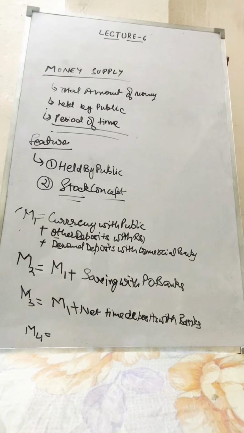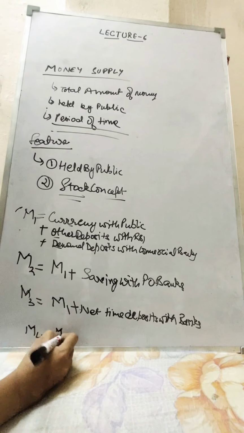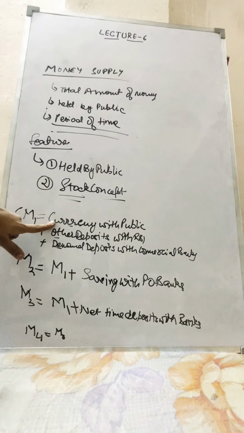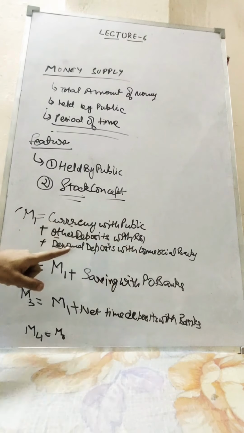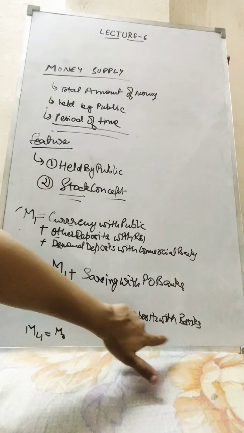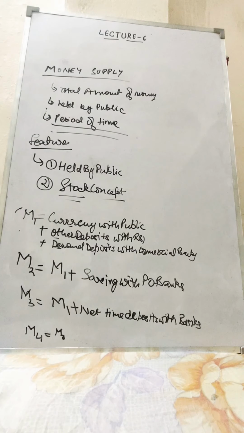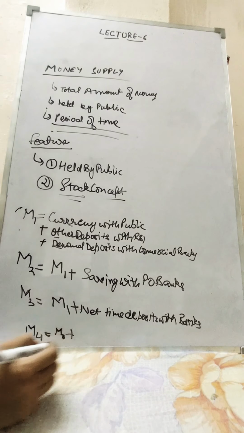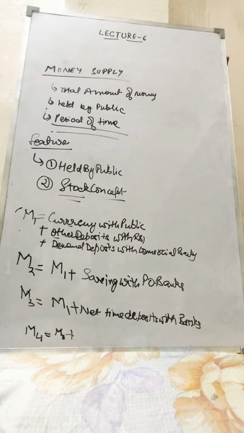Now coming to our last measure, that is M4. M4 is an addition to M3. M3 means currency with the public, other deposits with RBI, demand deposits with commercial banks, along with net time deposits with the banks, along with another addition, total deposits with post office.